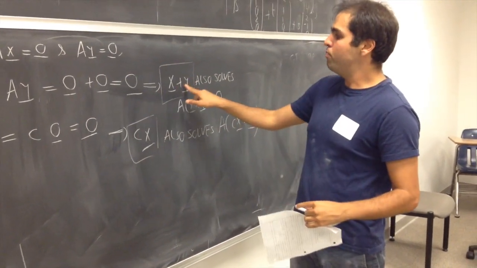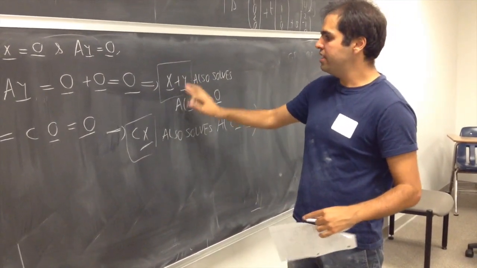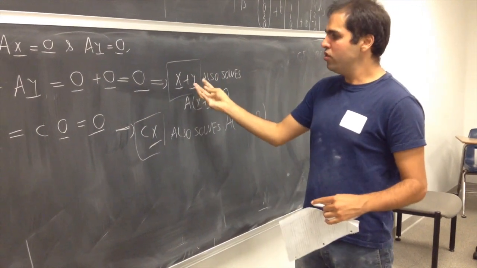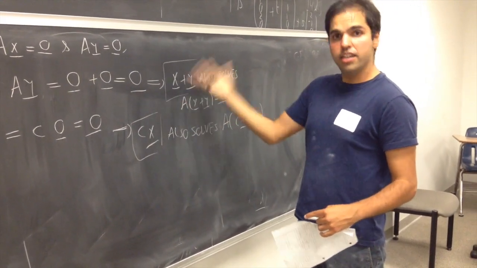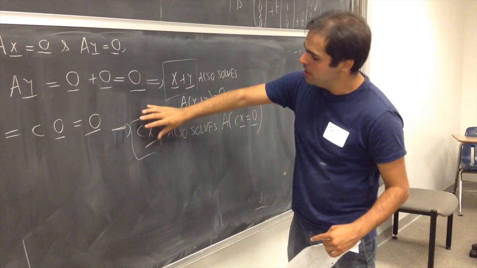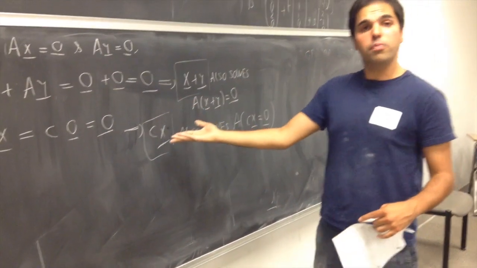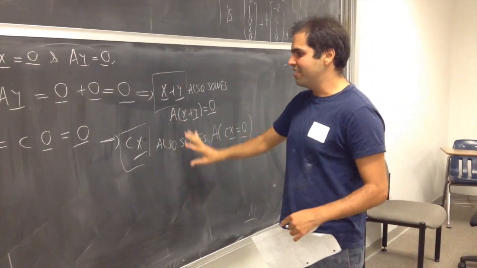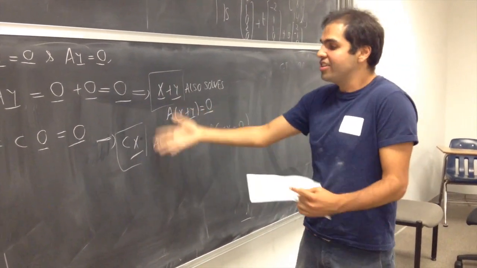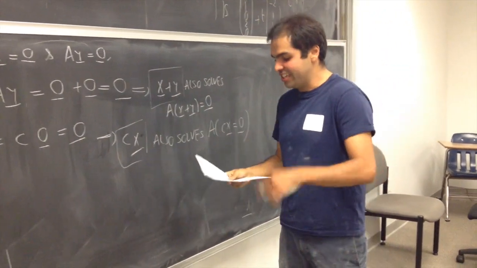If you have two vectors satisfying the property, the sum of those vectors also satisfies the property. It's called closed under addition. And also, if a vector satisfies this property, any multiple of that vector also satisfies the property. And this is called closed under multiplication.